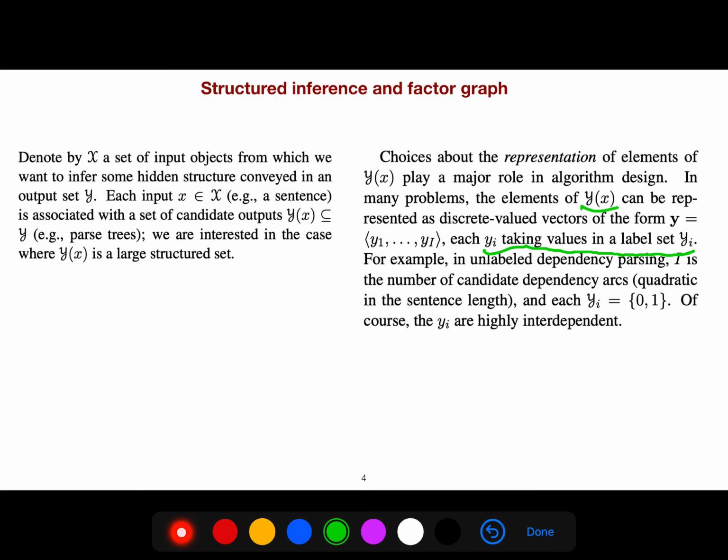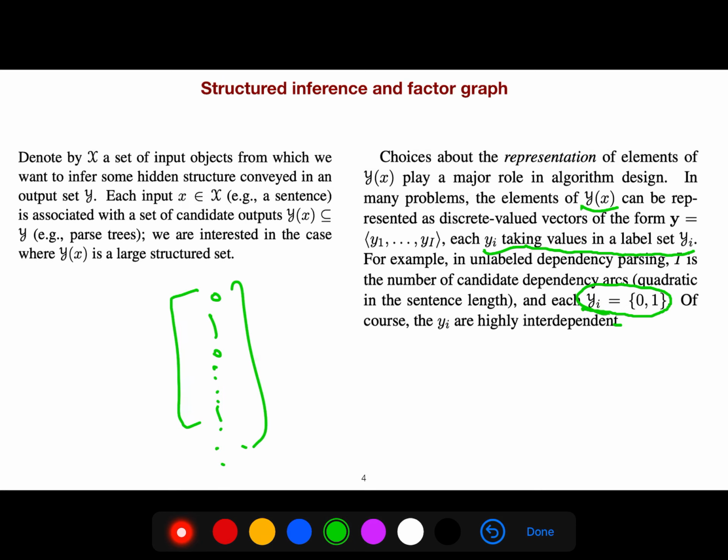That is the label of dependency that we use, syntactic dependencies. And for the unlabeled case, it is either enabled or disabled, as simple as this. So it is like 0, 1, 0, 0, 1.